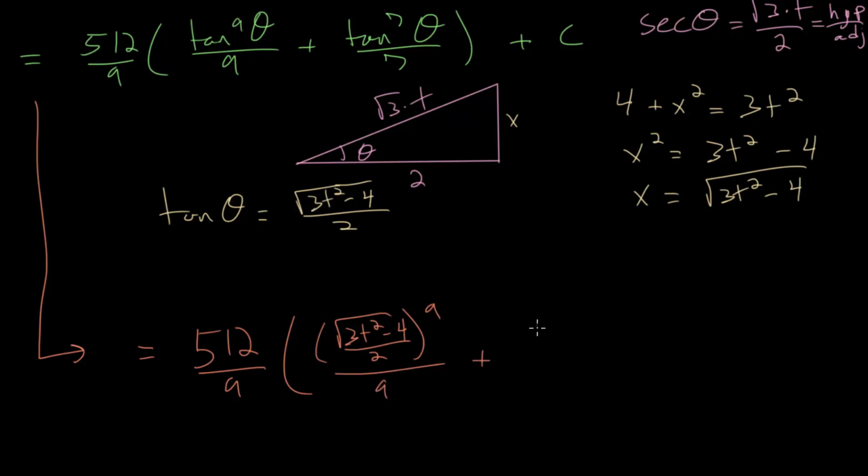Then we have plus this expression for the tangent of theta to the 7th. So square root 3t squared minus 4 over 2, all raised to the 7th, and then all divided by 7. And we still have our integration constant plus c on the outside here.